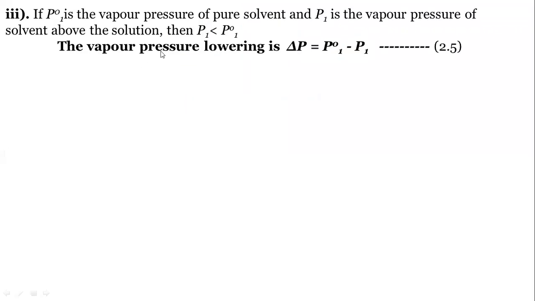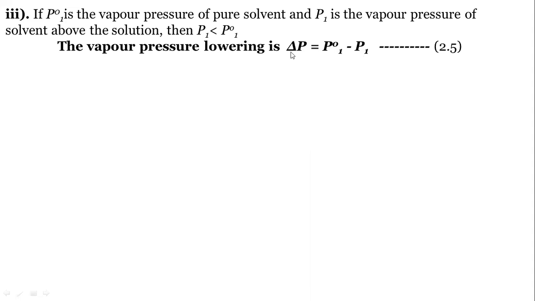So mathematically, the lowering of vapor pressure is described by this equation. Delta P is the lowering of vapor pressure, remember. It is also called the change in vapor pressure, or vapor pressure lowering. Delta P is equal to P01, the vapor pressure of the pure solvent, minus P1, the vapor pressure of the solution containing non-volatile solute.